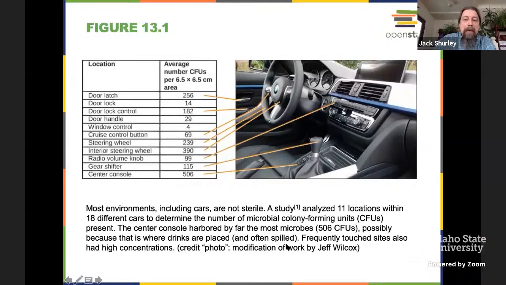Drinks are placed in there, maybe spilled, maybe providing a good nutrient source for some of those microbes. Then other things, like the window control, are very low, all right? And maybe that's a good indication that your fingertips aren't so dirty. It's hard to say. It really just depends. There's huge variation as far as what was able to be isolated.